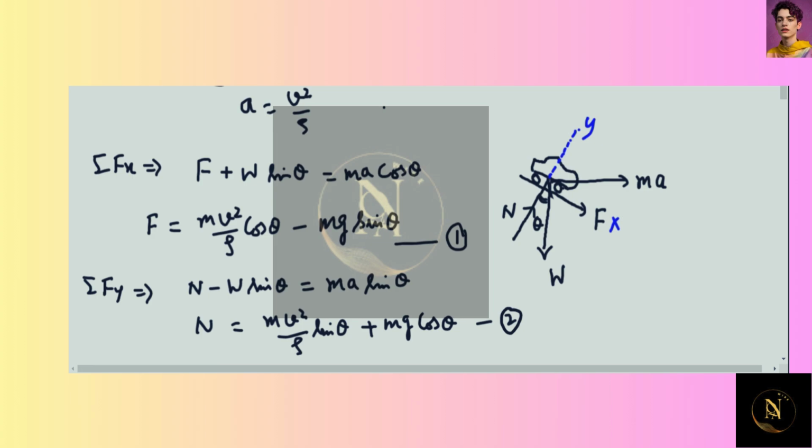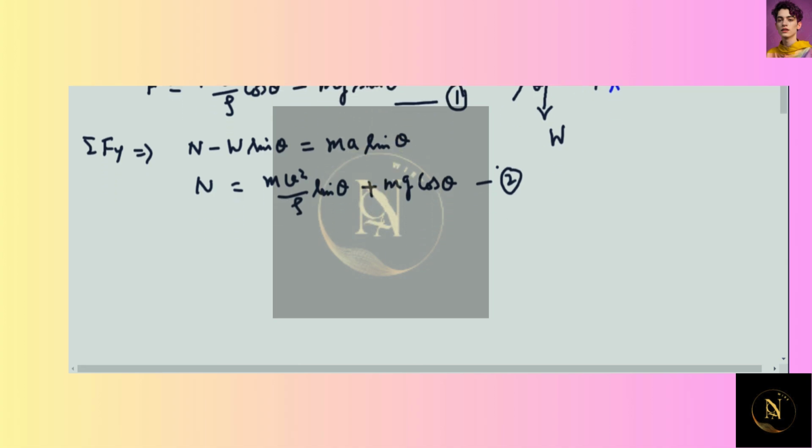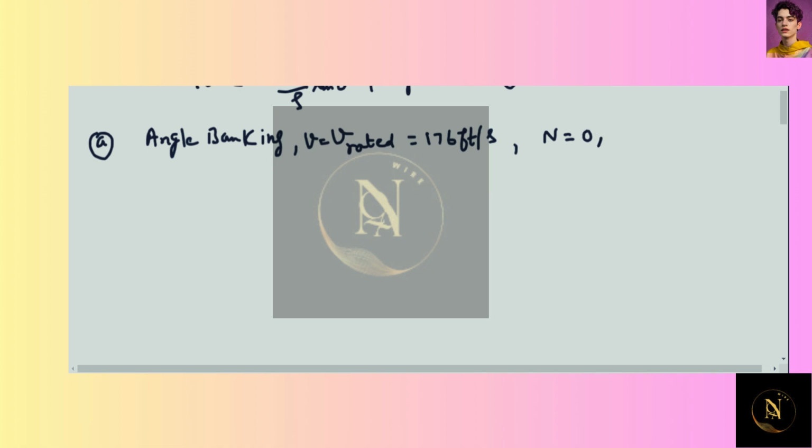First case, to find angle of banking, speed is rated speed, which is given 176 feet per second, and F, the friction force, will be 0.